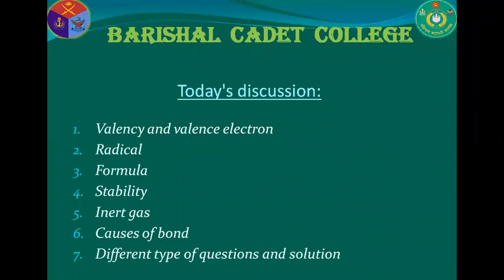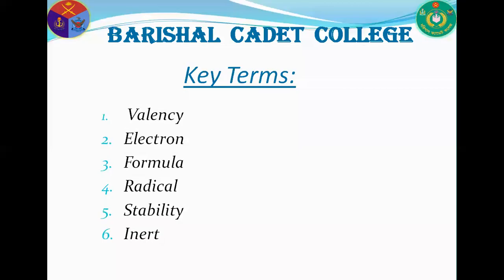Today's discussion: valency, valence electron, radical, writing the radical formula and the way to write the formula of compound, stability of atom and its electronic configuration, inert gas and its electronic configuration, causes of bond formation, and different types of questions on our session. Key terms of this lecture today: valency, electron, formula, radical, stability, and inert.